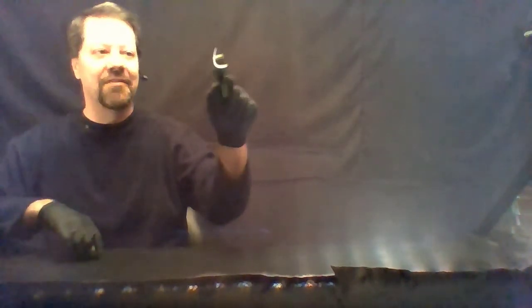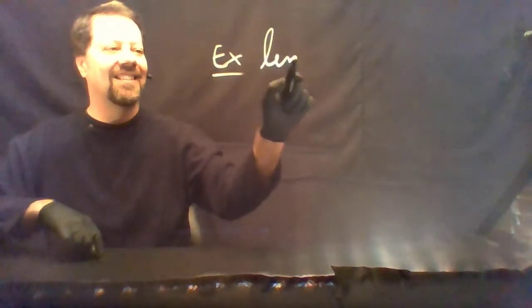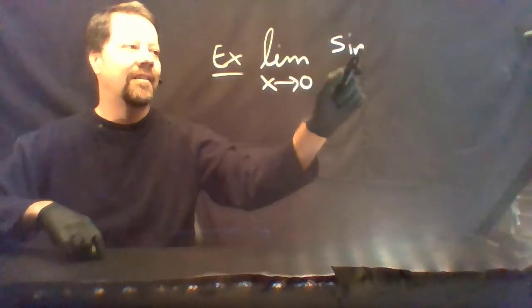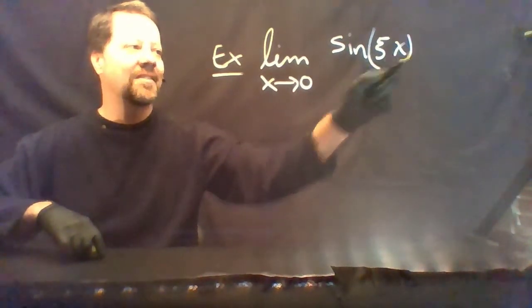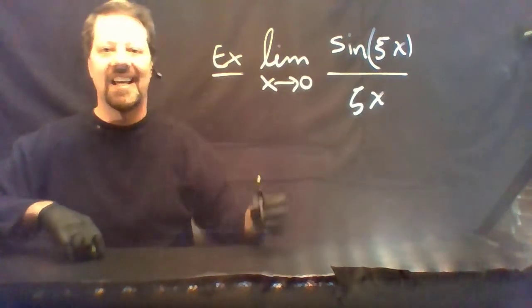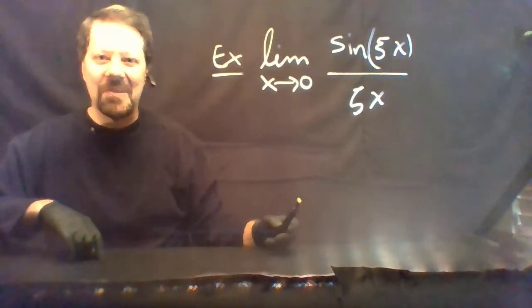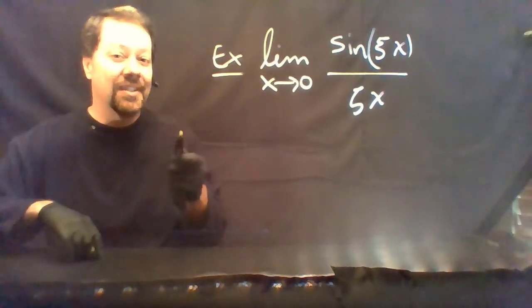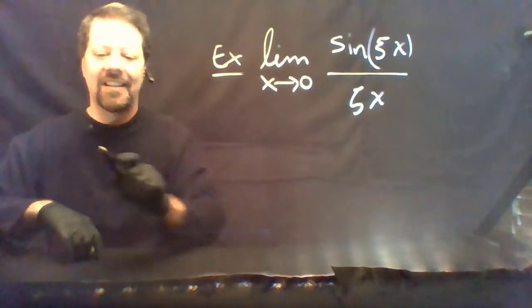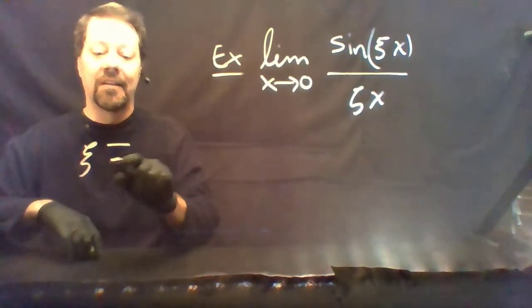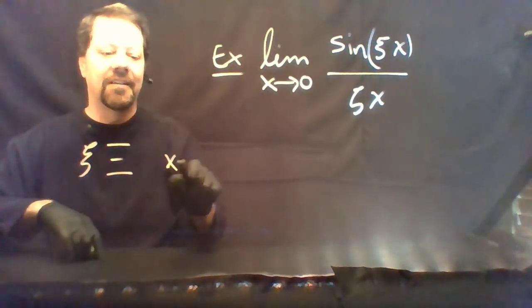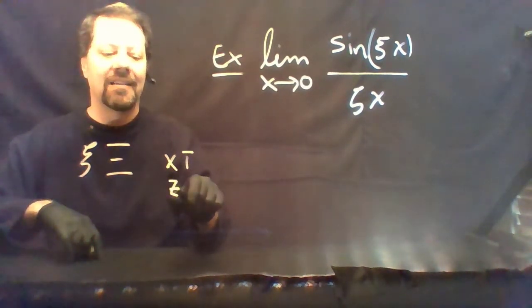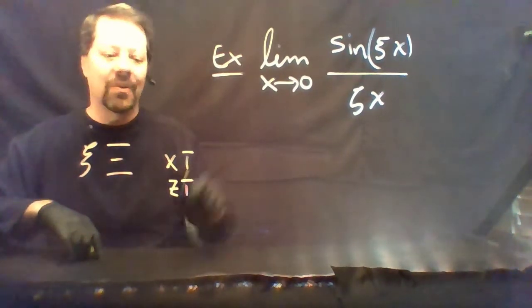I'm not done trying to freak you out. Suppose we have the limit as x goes to 0 of the sine of psi x divided by zeta x. I know, they both look like squiggles. In this case, I'm trying to teach you meticulous attention to detail. This is the lowercase and the uppercase of the Greek letter xi, sometimes pronounced xi or xi.